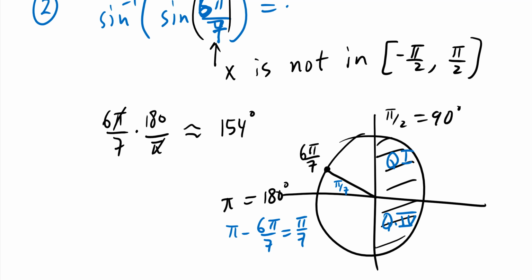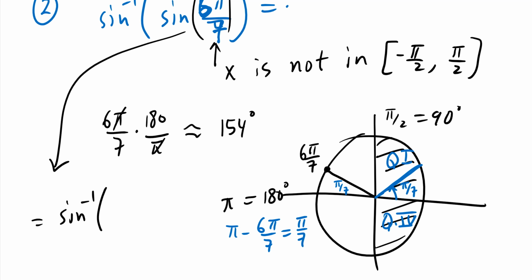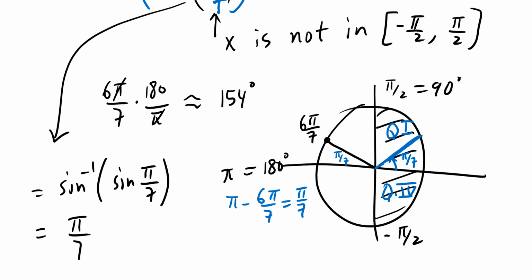We draw the symmetry, so that would be the pi over 7 here. We call it the supplement of that angle. So I can rewrite this as sine inverse of sine pi over 7. Now this falls from -pi/2 to pi/2, so I can say this is exactly pi over 7.